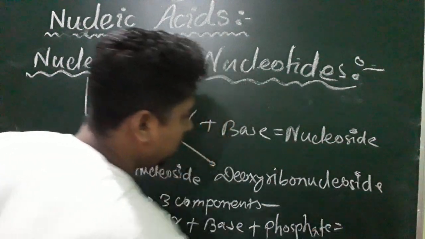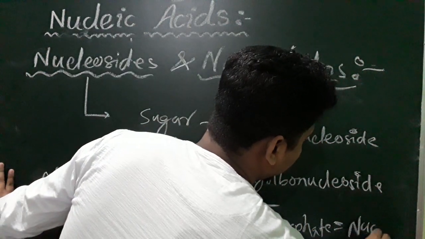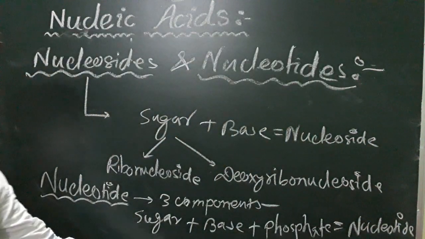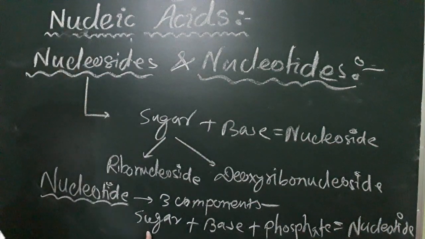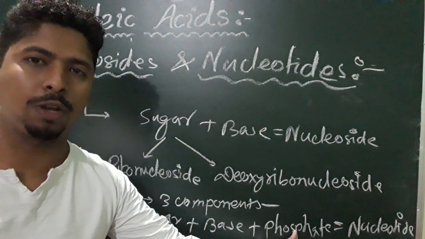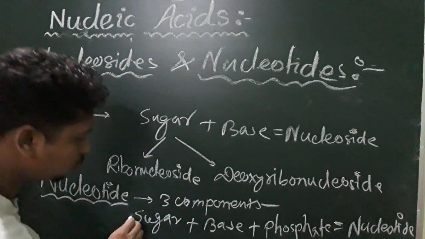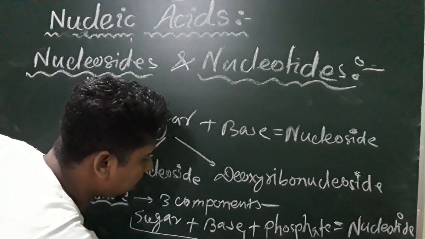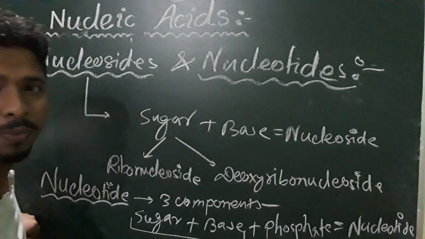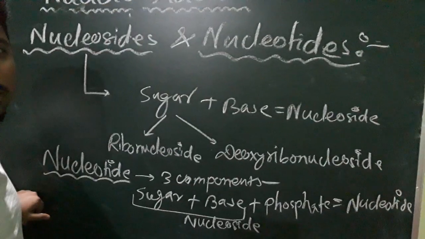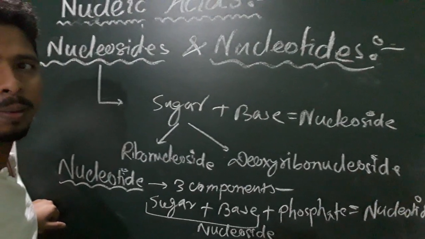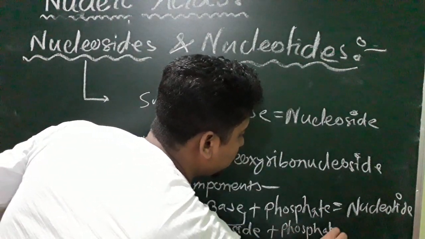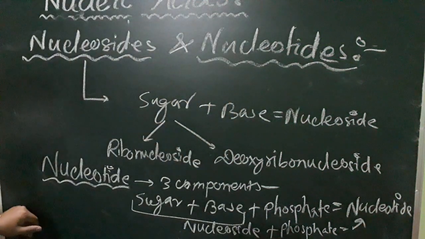Combinedly they are called nucleotide. So in another sense, sugar plus base is nothing but nucleoside, so nucleoside plus phosphate is equal to nucleotide.